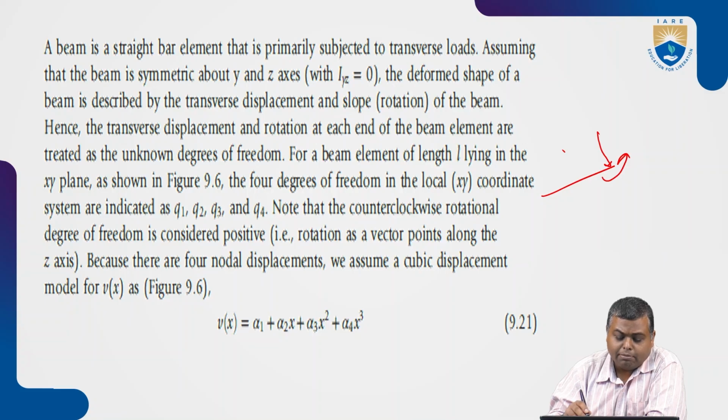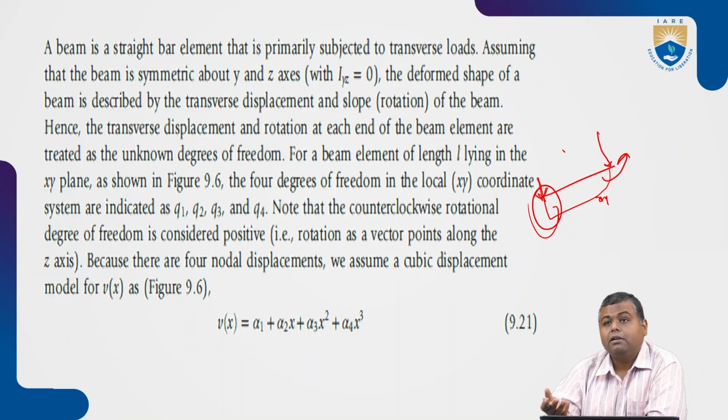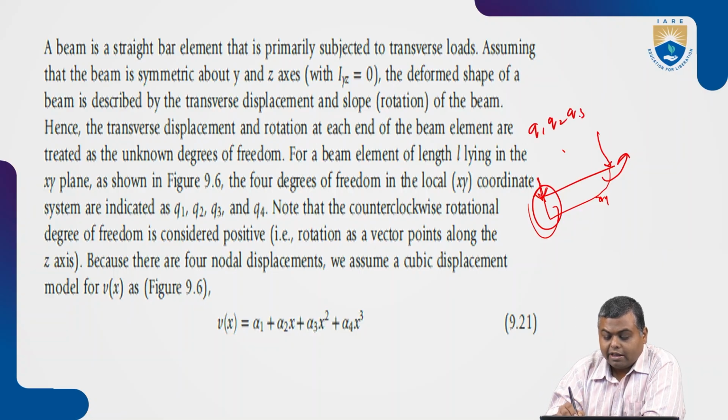So a beam of length L lying in the XY plane has 4 degrees of freedom in local XY coordinates. At each node I will have 2 degrees of freedom: one in the transverse direction, the other in the rotational direction. Thereby, the displacement values for a 2-noded beam element can be given as Q1, Q2, Q3, Q4.